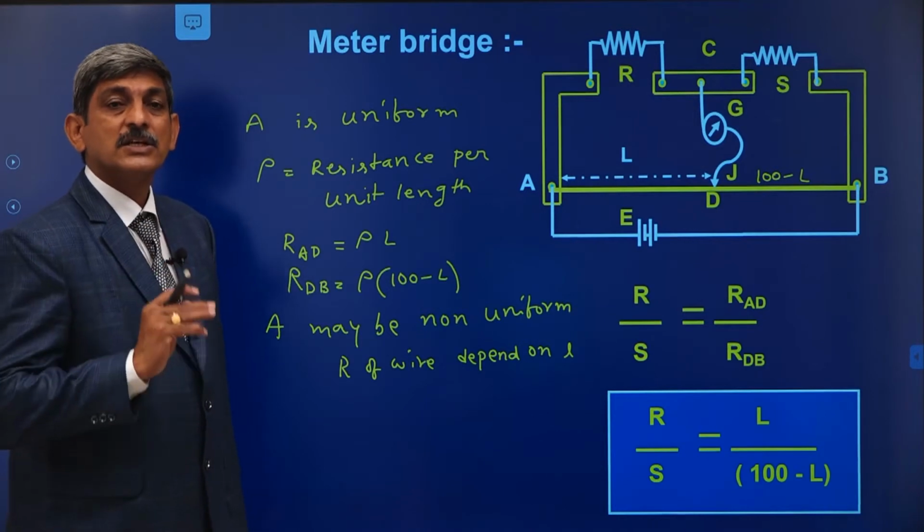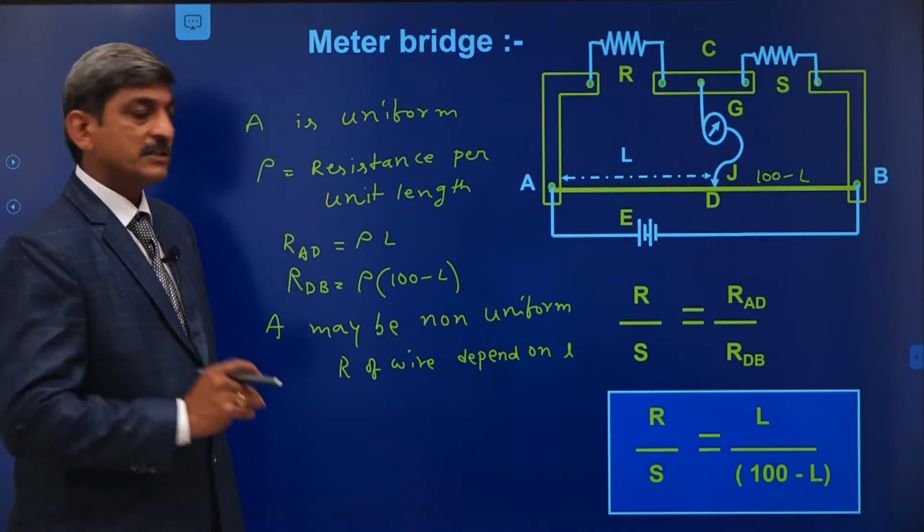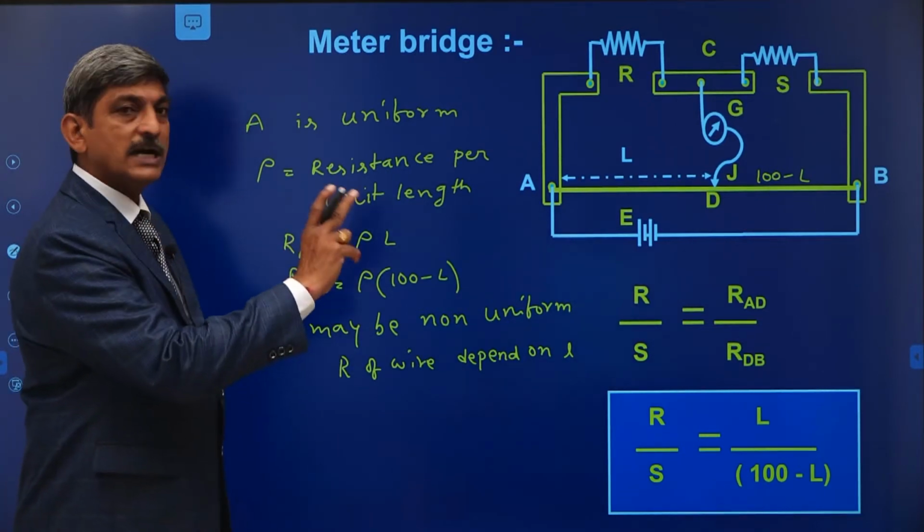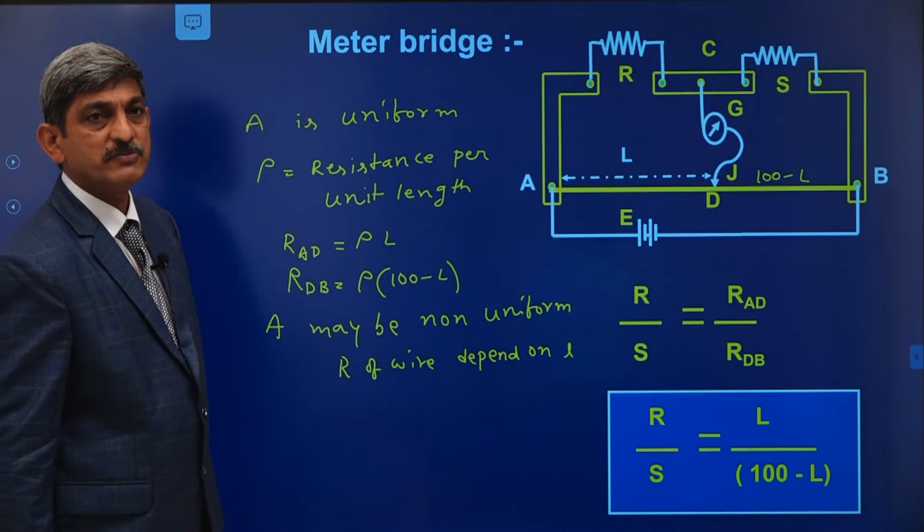In such cases, using the concept of integration, we have to find out the resistance of the AD portion and DB portion of the Meter bridge wire.